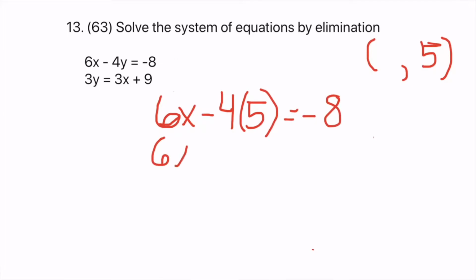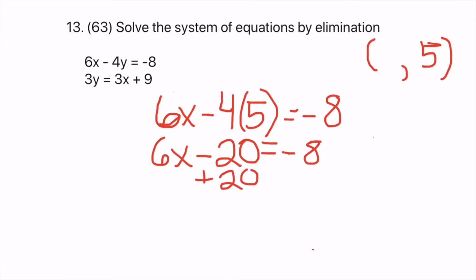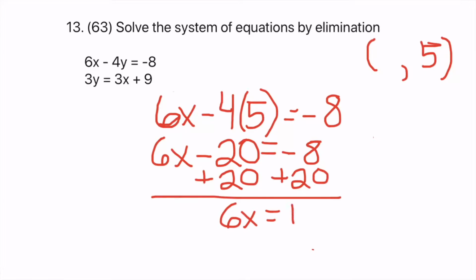So we have 6x minus 20 equals negative 8. I'm going to add 20 to both sides. We're left with 6x equals 12. Divide both sides by 6, and you get x equals 2.